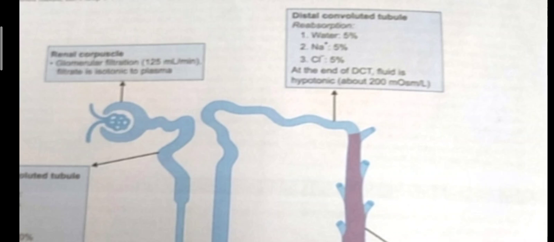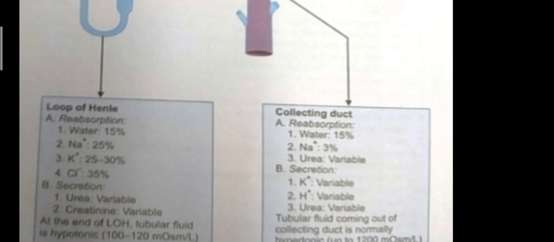So at the end of the DCT, the fluid is hypotonic. Last part, that is the collecting duct: reabsorption, water 15%, sodium 3%, urea variable, secretion of potassium, hydrogen, urea which is variable. Tubular fluid coming out of the collecting duct is normally hypertonic.